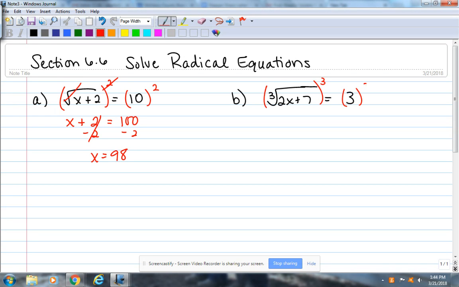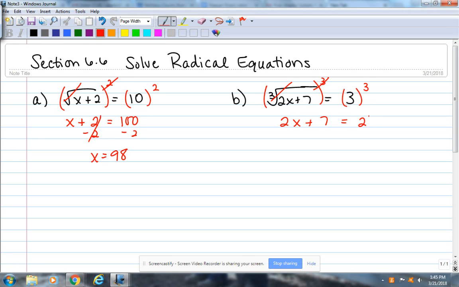Now you have to do it to both sides. So that little number on the other side has to be done to it too. So 2x plus 7 equals, so it's not 9. 2x plus 7 equals, what's 3 to the third power? 3 times 3 times 3. 27.